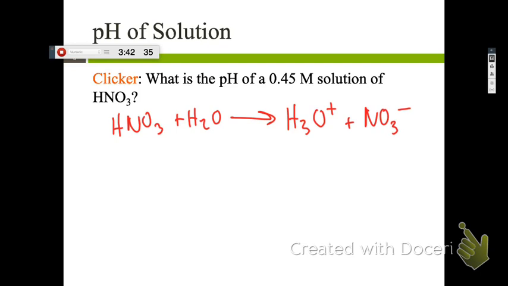So then, do I need to do an ice table? An ice table is a tool to say, well, what part of it dissociates? What is the equilibrium amount of H+? In this case, we don't need to figure out how much of it goes forwards and backwards because all of it goes forwards. So what is our equilibrium concentration of H+?